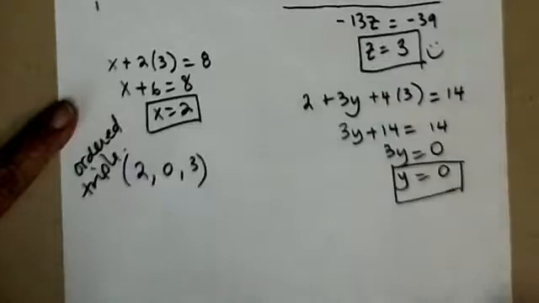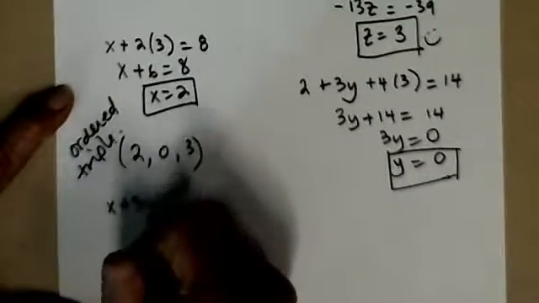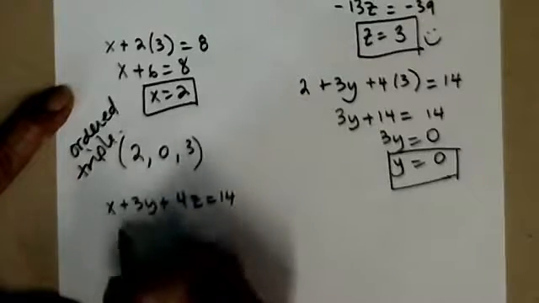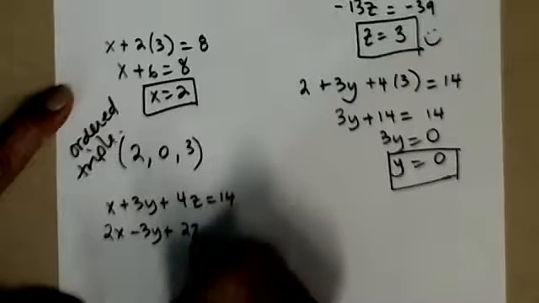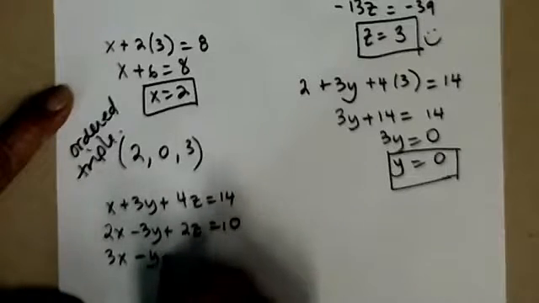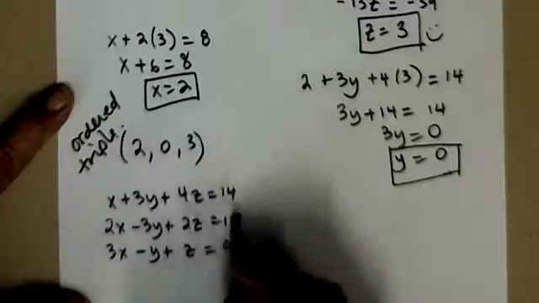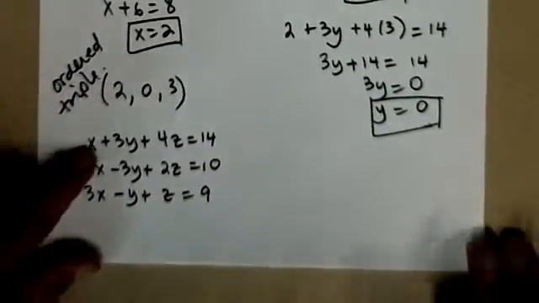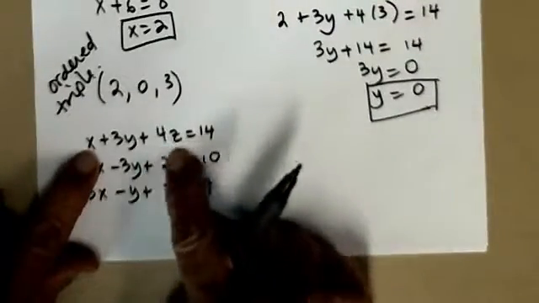Okay? So just to verify what we found, I'm going to go ahead and recopy that system down here. And we're going to check and verify that that ordered triple works in all 3 equations. So we're going to do a check. It has to work. These 3 numbers have to work in each equation. Okay, and we'll just do it mentally. Here we go. 2 plus 0 plus 12 is 14.